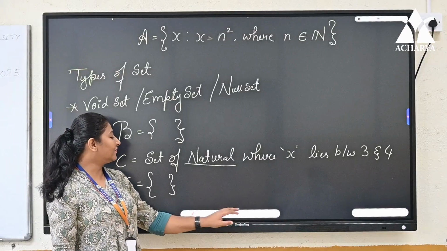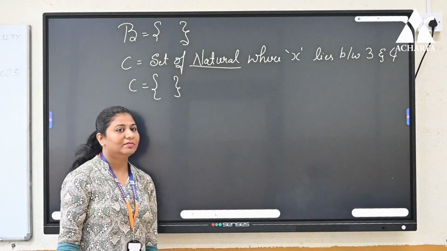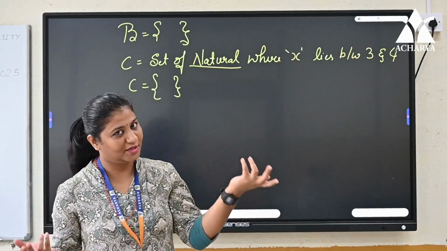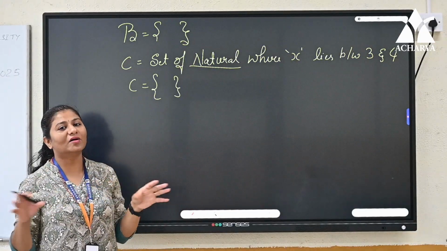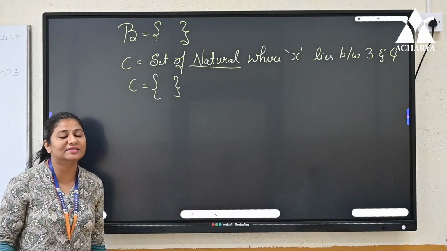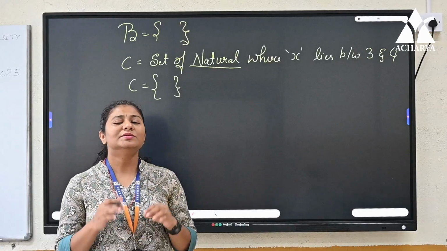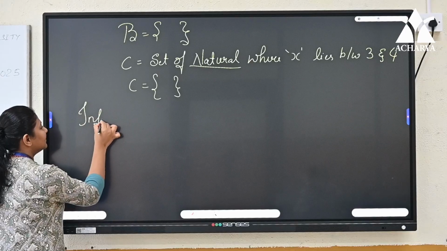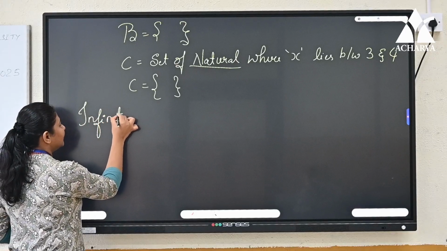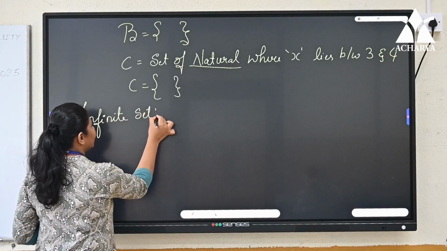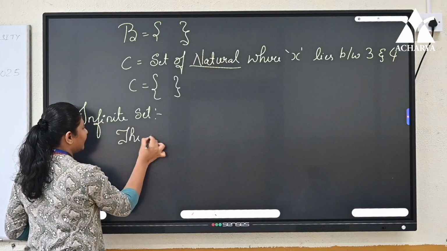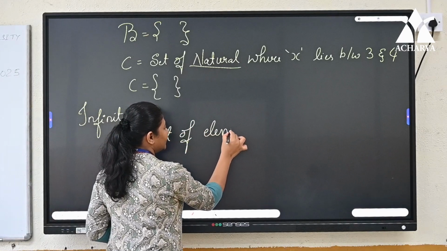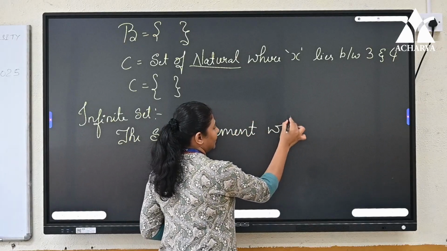Next, the set of side measures. Is it possible to measure the sides? No. Is it possible to count your hairs? No. All these are very large things. It is uncountable. So we usually define it as an infinite set, that is, a set whose elements are not countable.